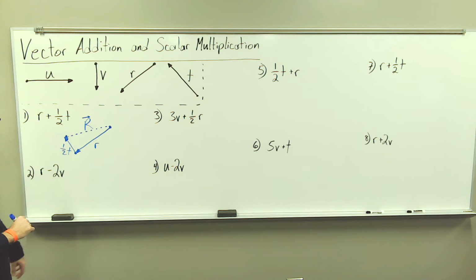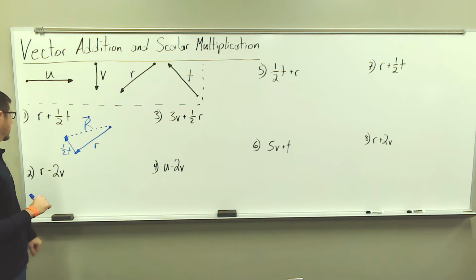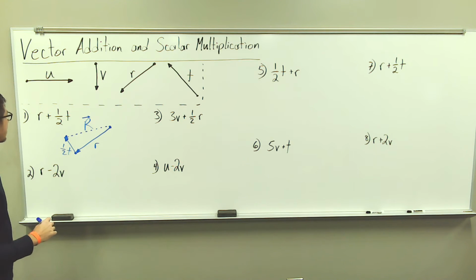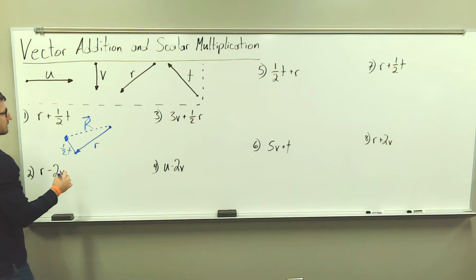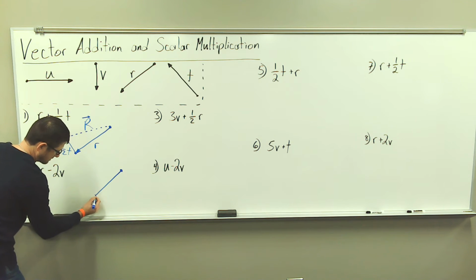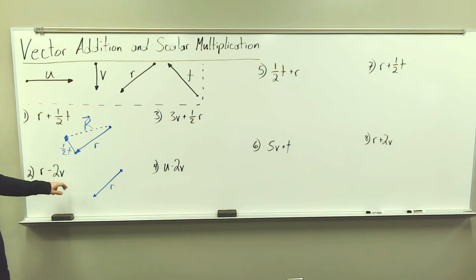On number 2, we have vector r minus 2 times vector v. Okay, so let's draw vector r. And we're going to label the vector minus 2 times the magnitude of vector v.